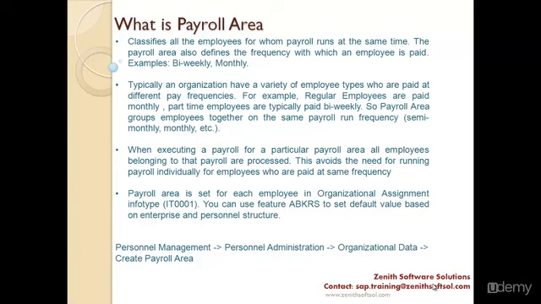So that particular field, payroll area in infotype 1, plays a very important role, because as I mentioned, running the payroll is basically running a payroll for the payroll area. And where is the payroll area stored? In infotype 1 for the employee. So the system will easily know which employees it should include in running the payroll. So it is very easy.